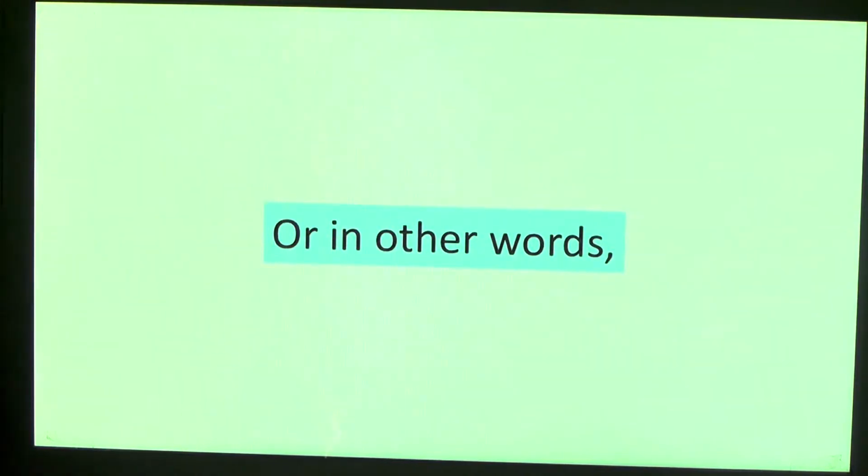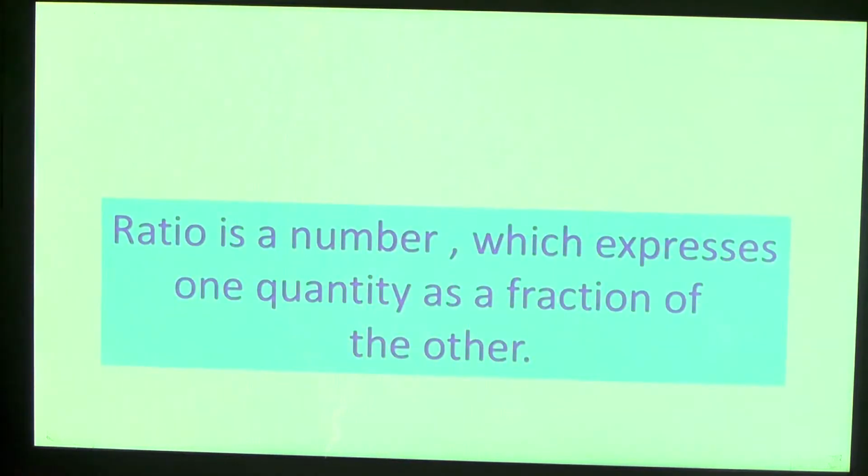Or in other words, ratio is a number which expresses one quantity as a fraction of the other.